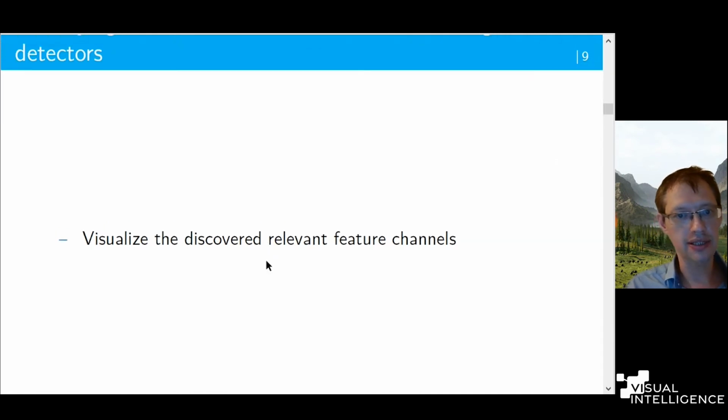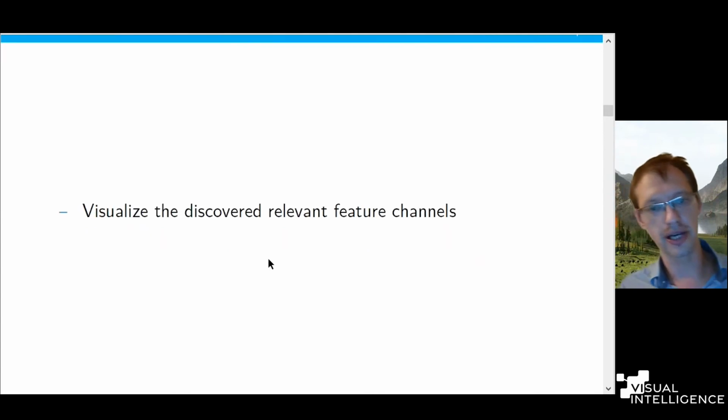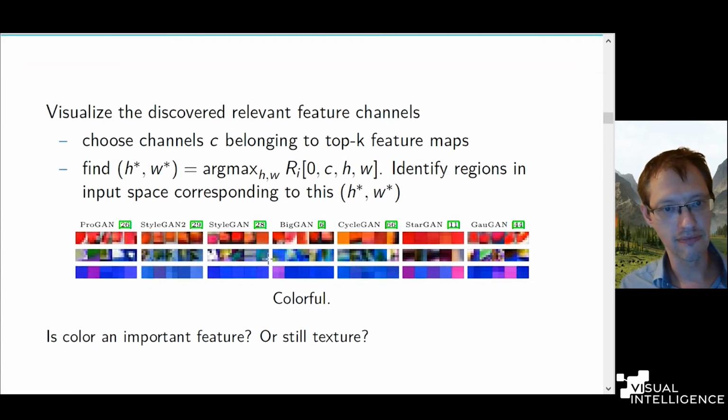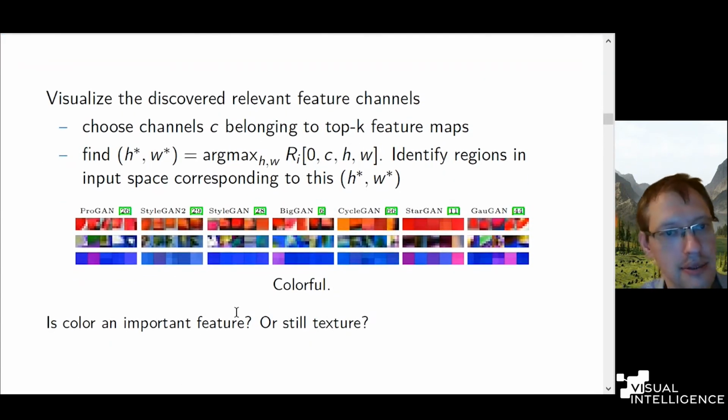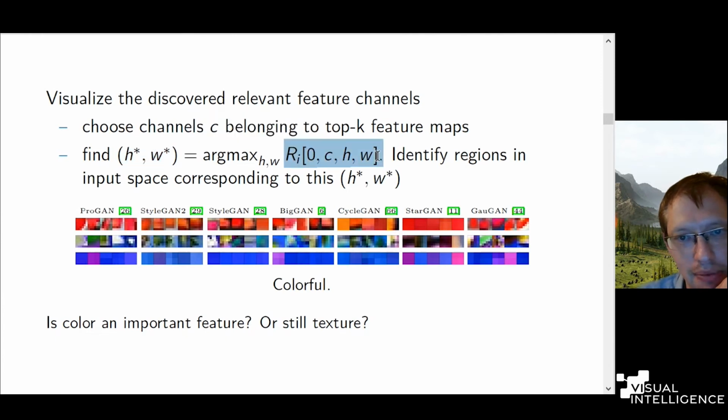So once we know that the discovered feature channels are really important for the network, let's visualize them. How to visualize them? Well, we choose the channels belonging to the top K feature maps, and then we find for a certain deepfake image those spatial locations with the maximum relevance of the channel.